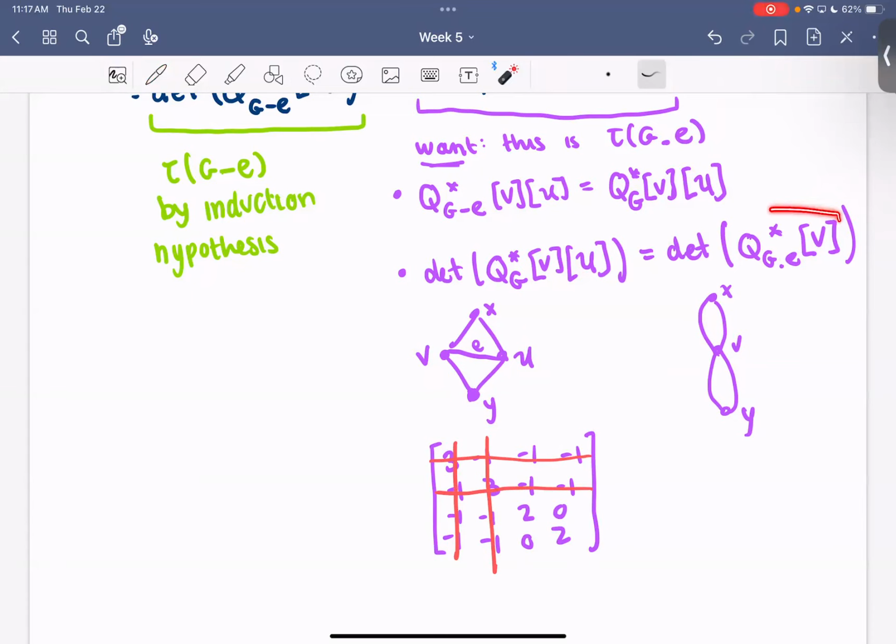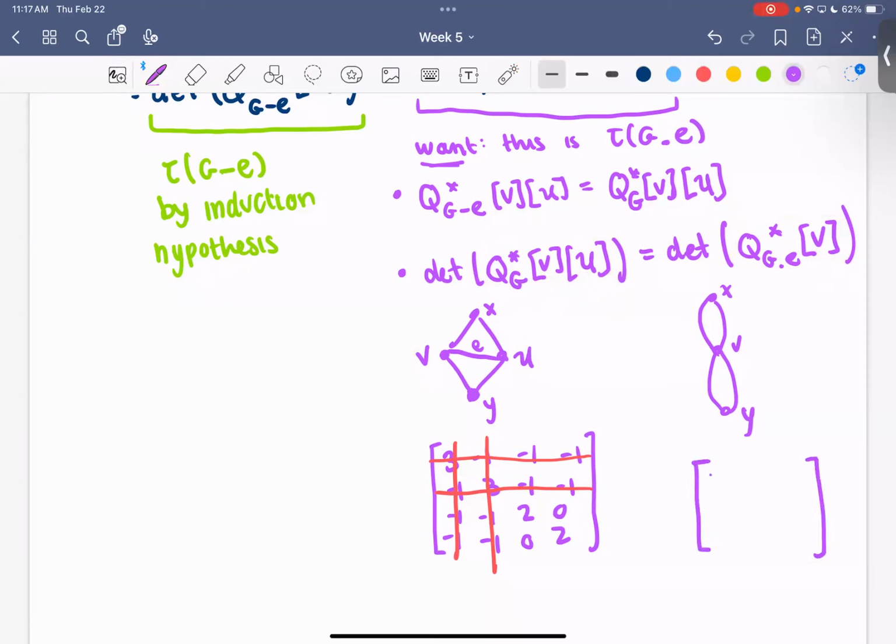Okay, so I was confused for a second. I thought that these two matrices were going to have different sizes because over here we deleted 2 vertices and over here we only deleted 1. But what else happened? We contracted an edge, so that also lost a vertex. So these two matrices are going to have the same size. So let's just finish the example.